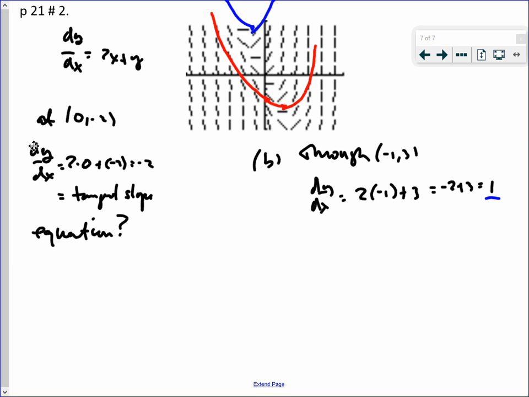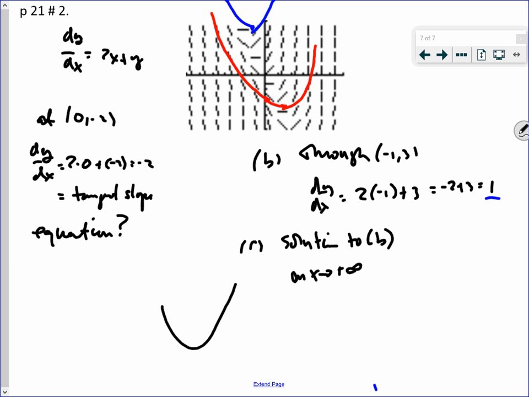Okay, so now they ask a question about this. What can you say about the solution to this, part B, as x goes to positive infinity or x goes to negative infinity? Well, it doesn't show up very well on my picture, but the one in the book looks something like this.